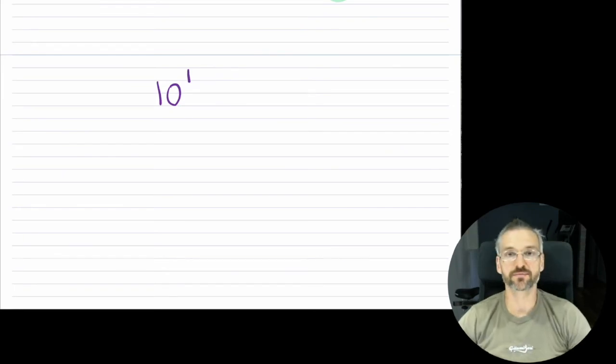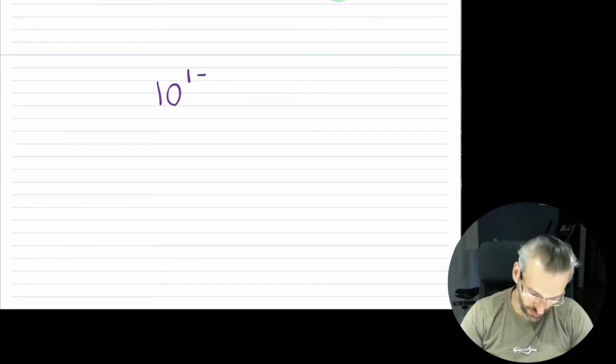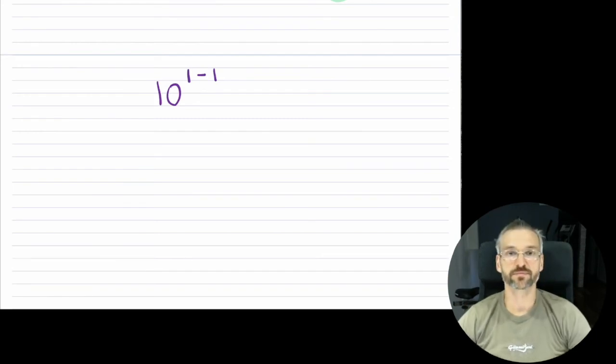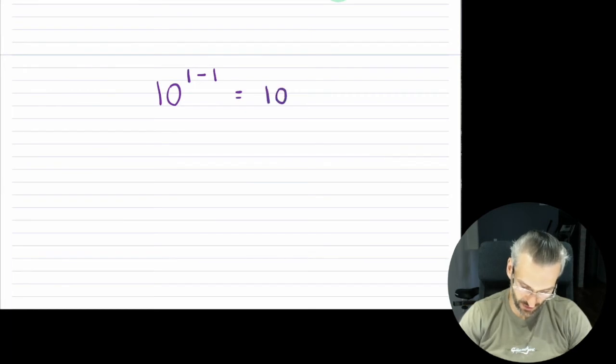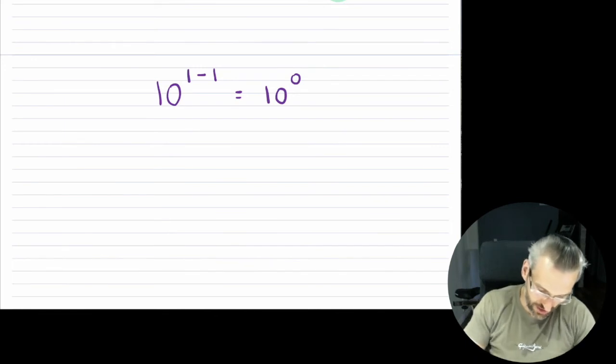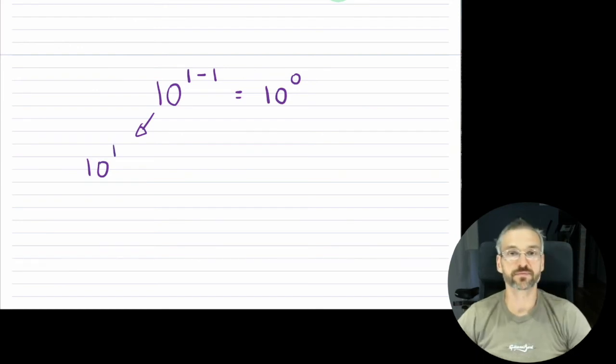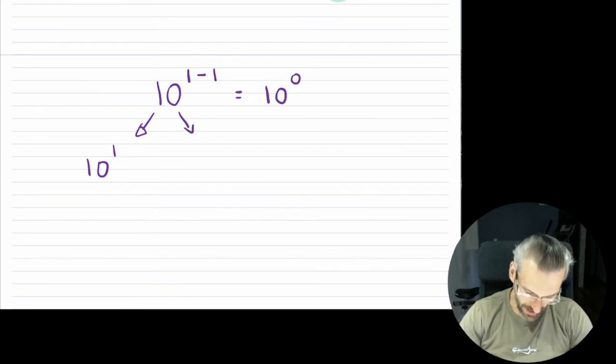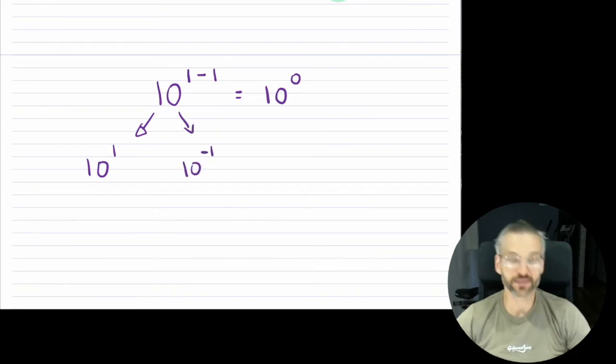So what we have is 10 to the power of 1, now if I subtract 1, correct, 1 minus 1, then this gives me 10 to the 0. And what I just said above, 10 to the 1 is just 10. And so 10 to the minus 1 is dividing by 10.